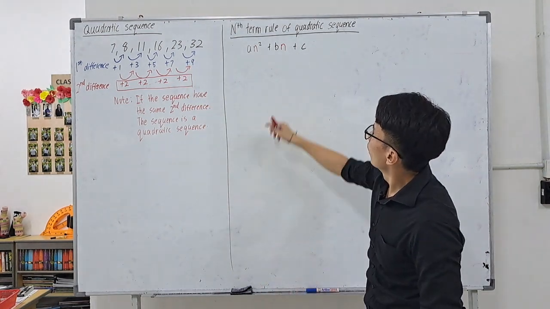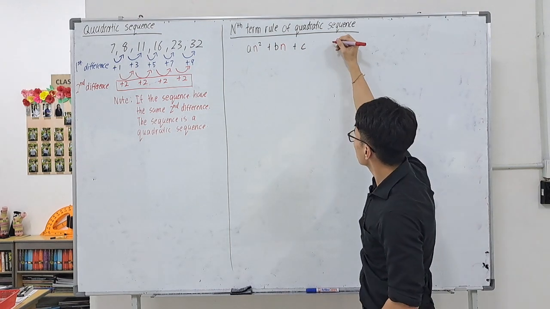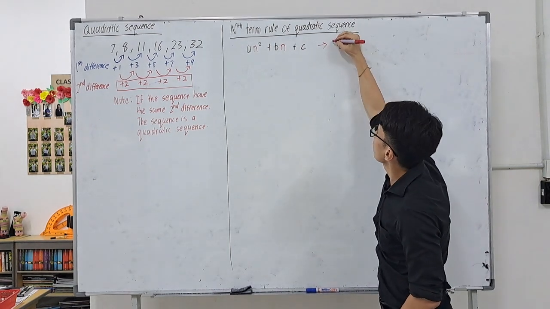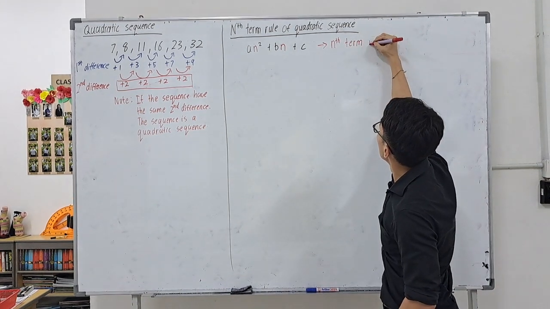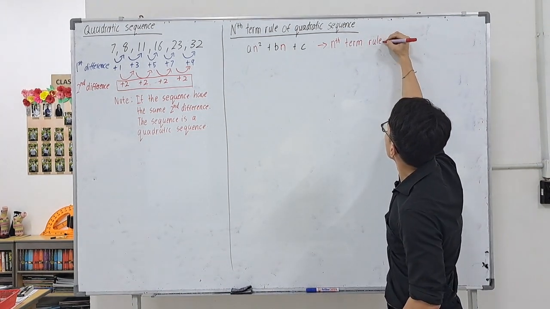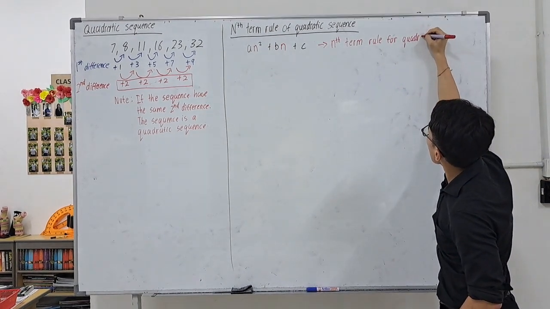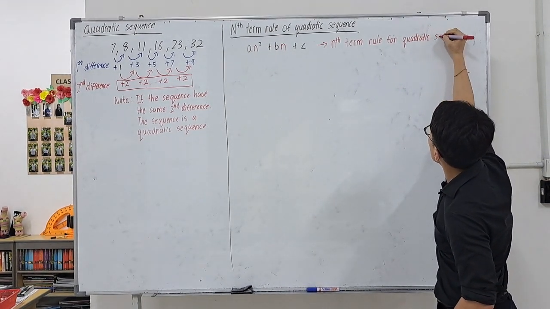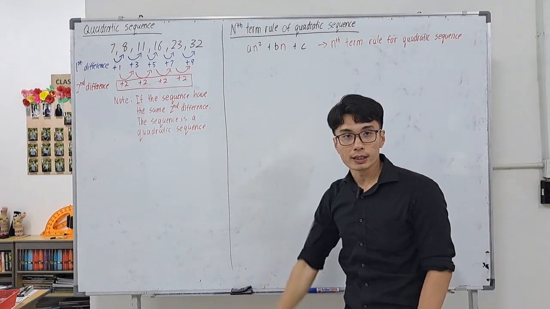Now what you are looking at right now, an squared plus bn plus c, that's the n-term rule for a quadratic sequence. So basically your final answer will look something like this.